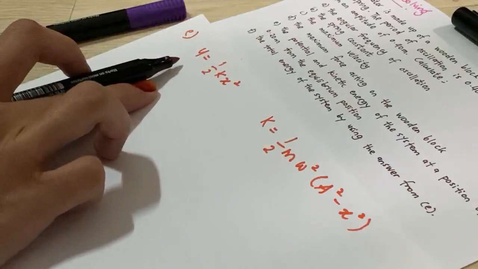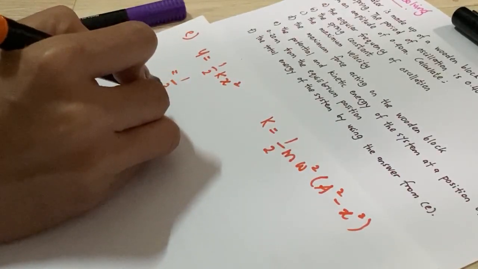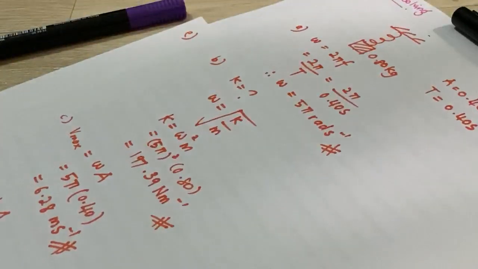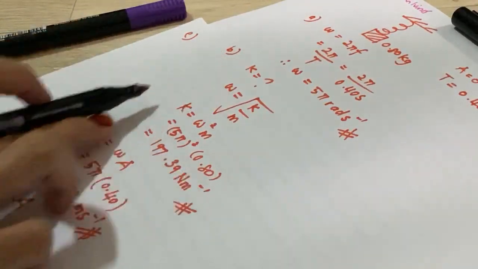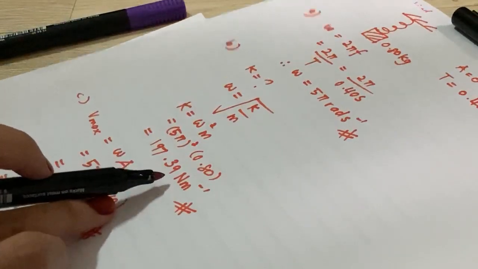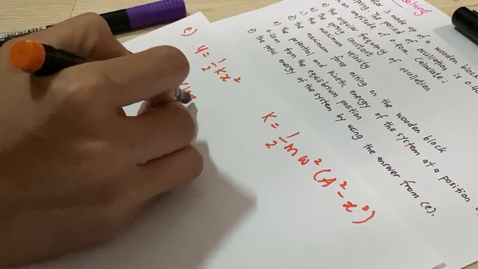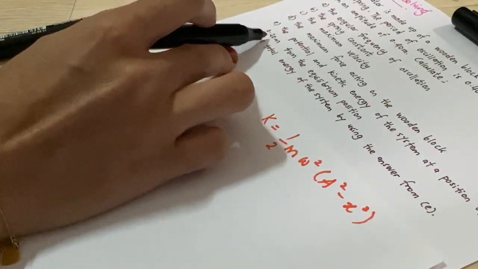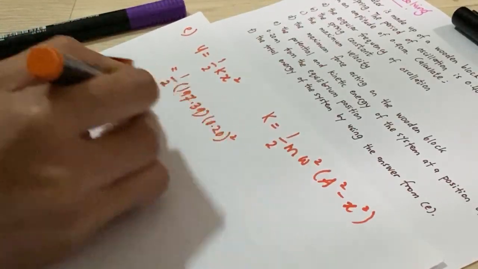For the potential energy, we have half times k. The k value we get from the previous part, B, which is 197.39. Then x is 0.2, so x is 0.20 squared.